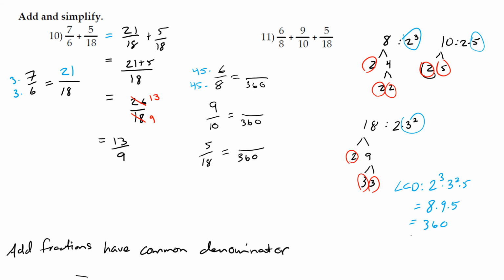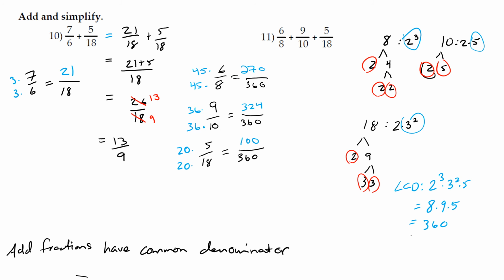So 45 times 6, that's going to be 270. 36 times 10 will give us 360, so I'll multiply the top and the bottom by the same number to keep these fractions equivalent. So that's going to give me 324 over 360. And then 20 times 18 will give me 360, so multiply the top and the bottom again, keep these fractions equal. That gives me 100.